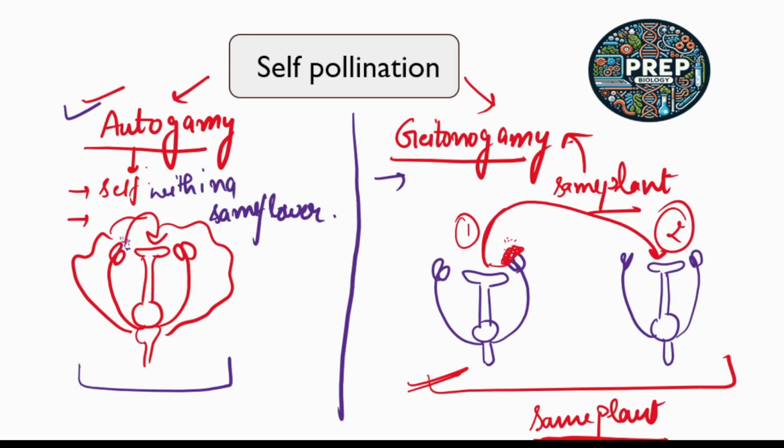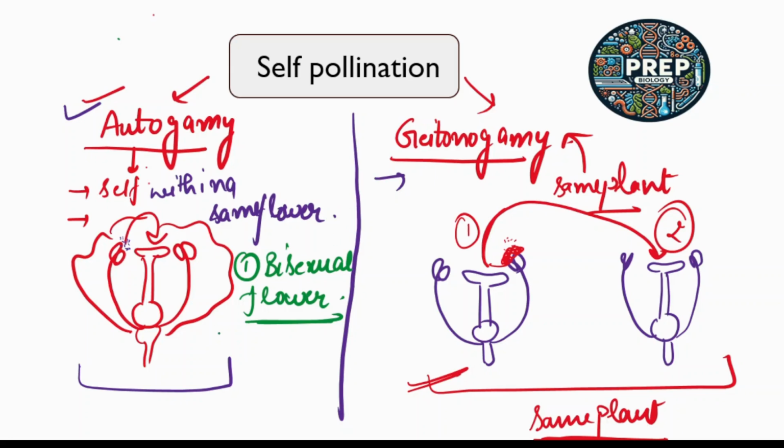Now if we see, autogamy occurs in bisexual flower. What is the meaning of bisexual flower? We have discussed in the first class of this chapter.